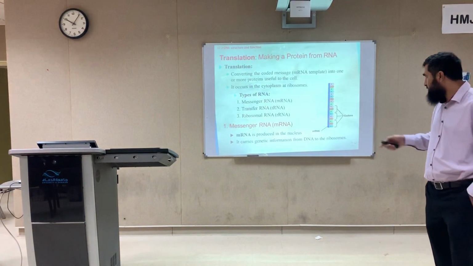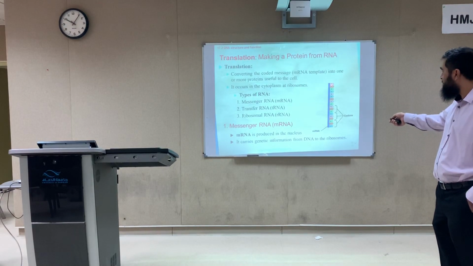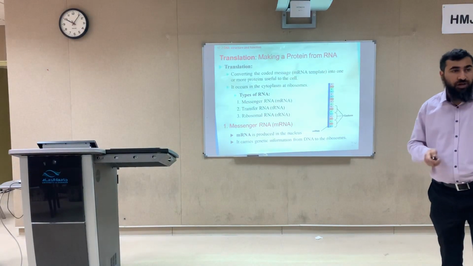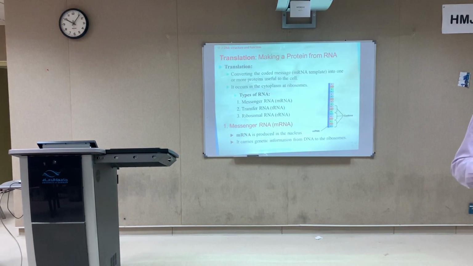Remember, it's a single strand. Does it have a ribose sugar or deoxyribose? Ribose, okay? And remember, the base pairs: instead of T, we have U. So that is messenger RNA.